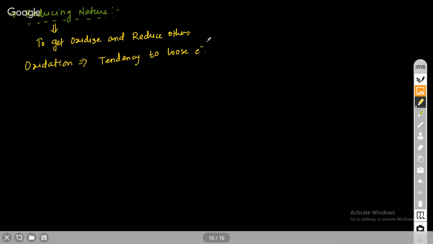Oxidation is a tendency to lose electron, and this will be easier when we have low ionization energy.